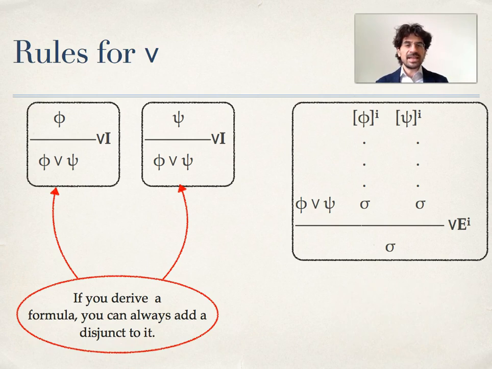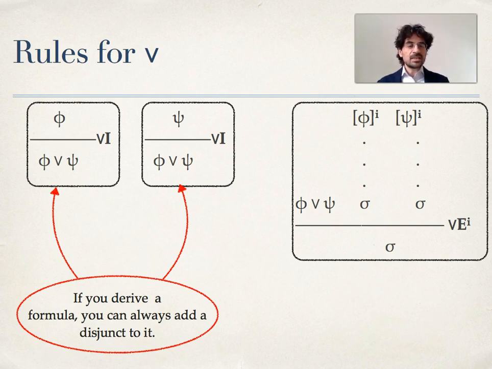The rule says that if you assume a formula phi and you put it between square brackets and you label it in a certain way, for example, you label it I, and then you also assume another formula psi, which is possibly a different formula, you put it between square brackets and you label it in the same way with the same number as the other assumption, and then from these two assumptions you are able to derive the same formula, let's call it sigma.